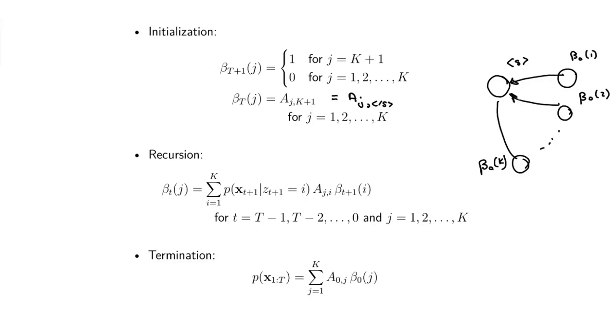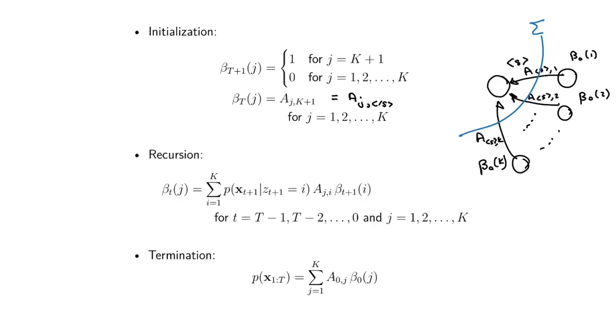And to do that, you need to incorporate the transition probability of going from the start symbol to state 1, probability of the start symbol to state 2, and then the probability of going from my start symbol to state K. And then because we're doing overall probability, we basically take the sum over all of those paths, and that gives us the marginal probability of this sequence given the hidden Markov model. Does that make sense? Exactly, just the reverse.